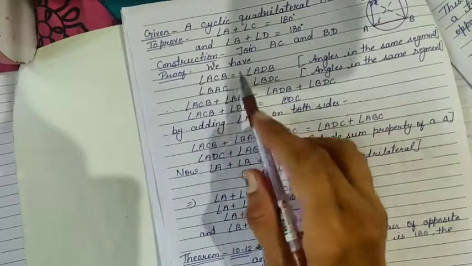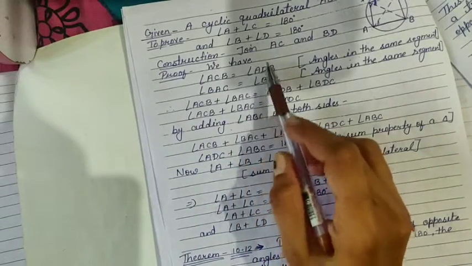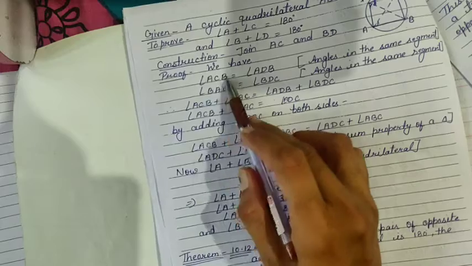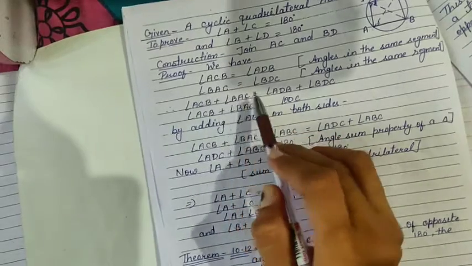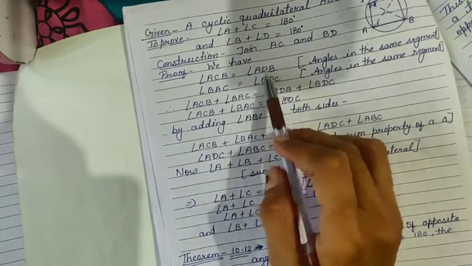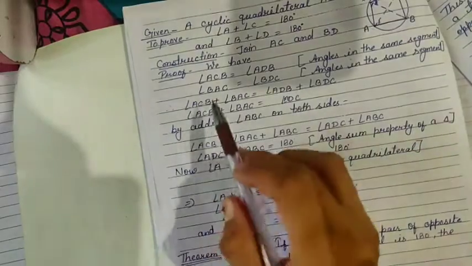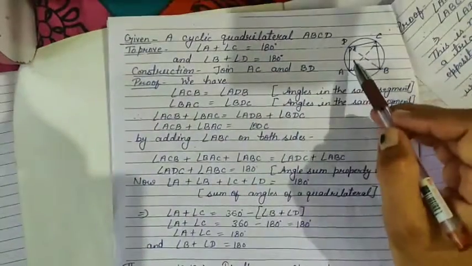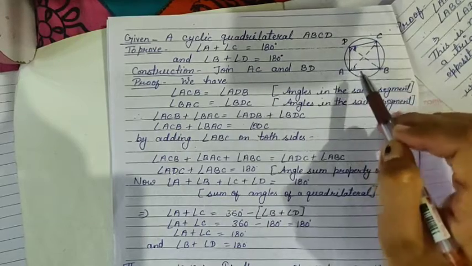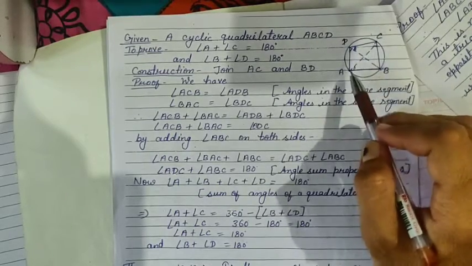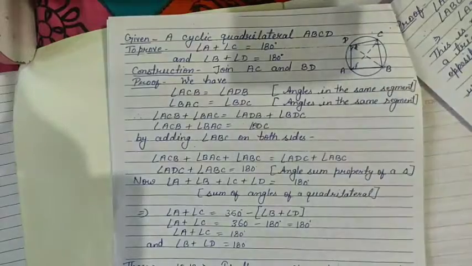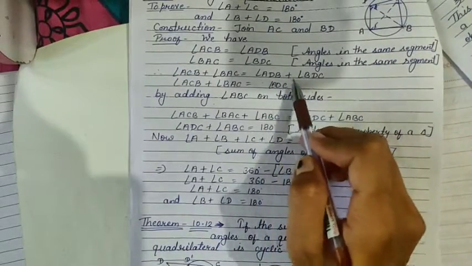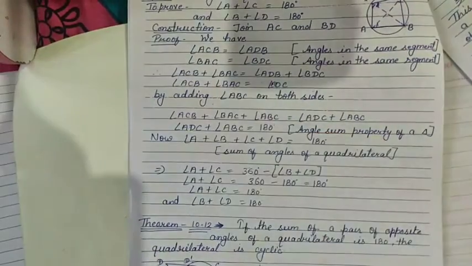Now I am adding these two equations. Angle ACB plus angle BAC equals angle ADB plus angle BDC. So ADB plus BDC equals angle ADC.